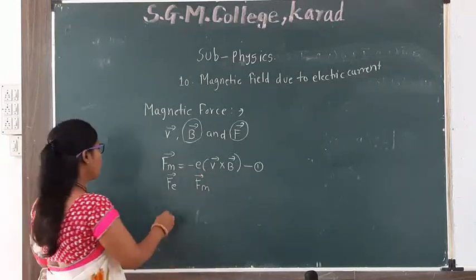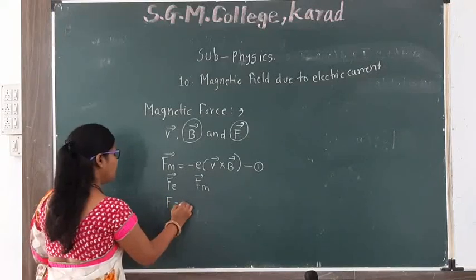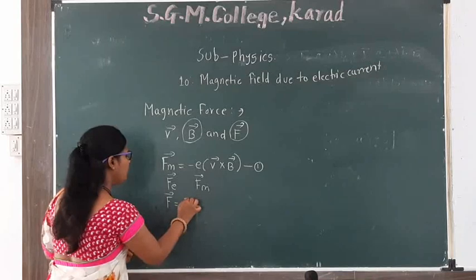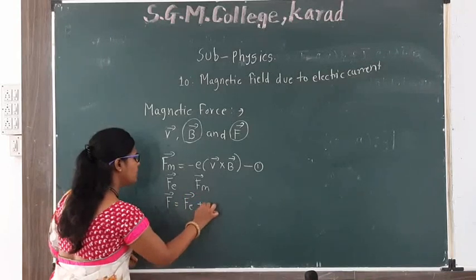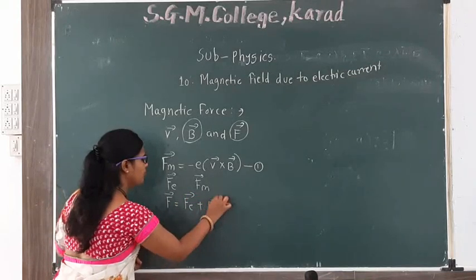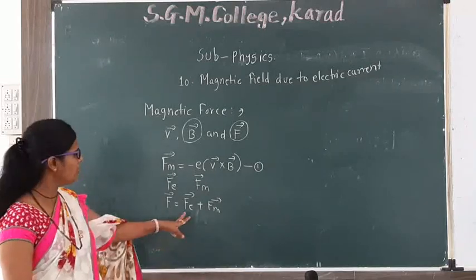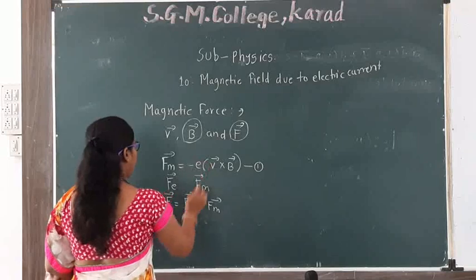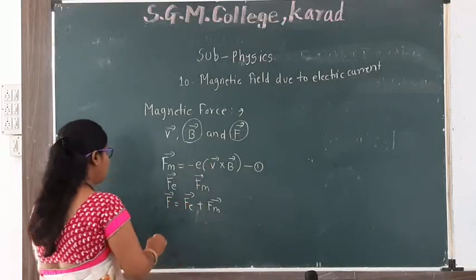The total force F is equal to vector Fe plus vector Fm. Now, vector Fe is equal to what?